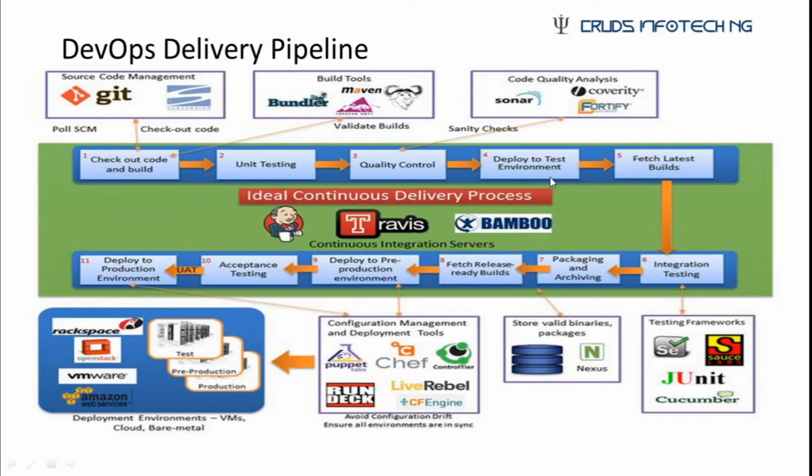If you put all these in steps and put them in some sort of workflow, what you typically get is the pipeline. So all these can be accomplished using pipelines in Jenkins. I hope that clarifies what exactly a pipeline in Jenkins is.